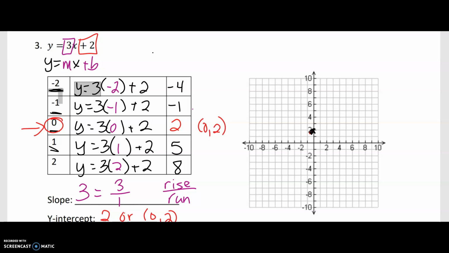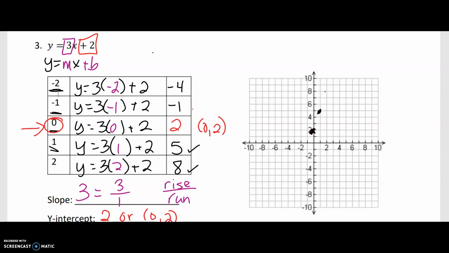We could go up 3 over 1. That gives us the point 1, 5, which is right here. We can go up 1, 2, 3 over 1 again. That gives us the point 2, 8, which is right there on our table. So we can do it either way.